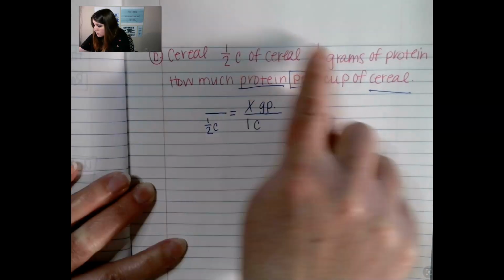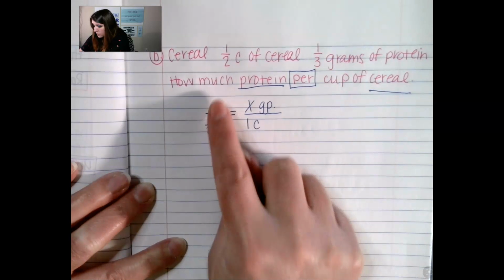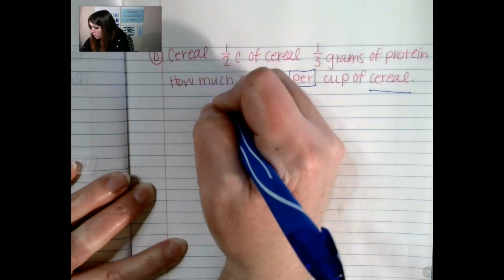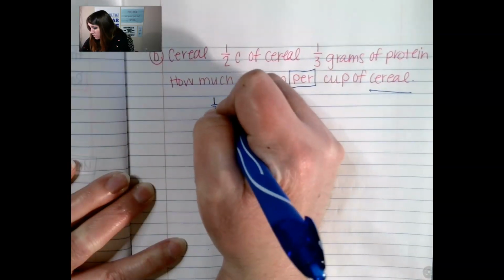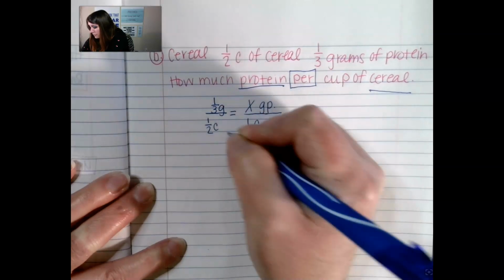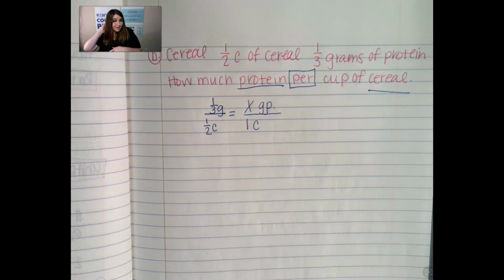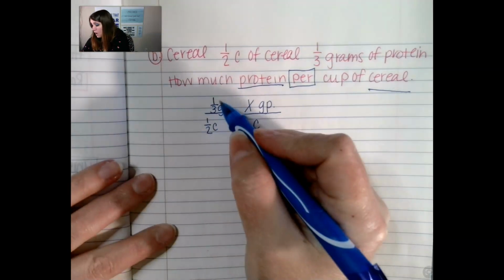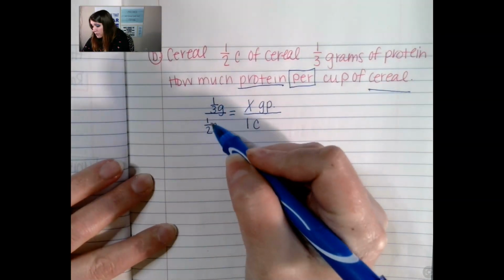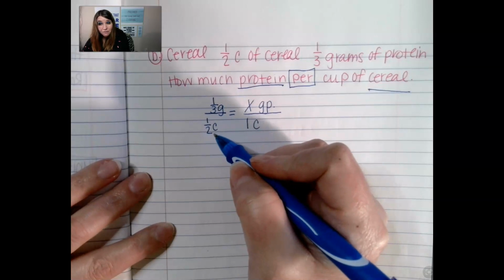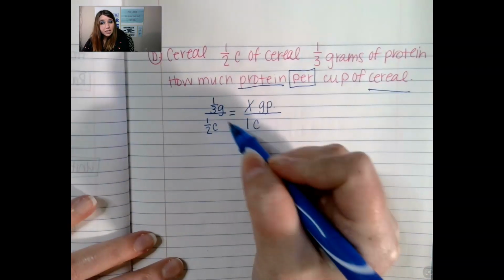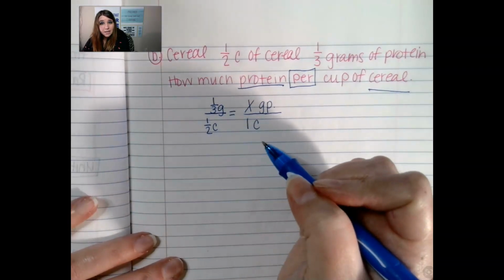Well, it tells us right here there's 1/3 grams of protein for every half a cup. Well, I want to know then, how much is there per cup? So I can take this ratio of 1/3 divided by 1/2, and I can change this into a ratio table.